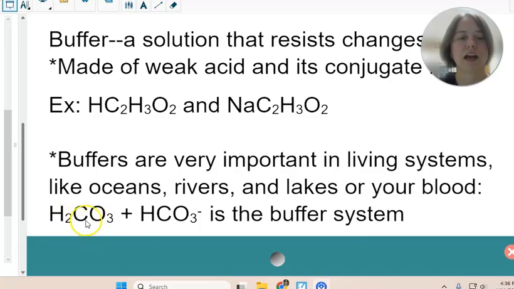So this is carbonic acid. It can donate hydrogens, and then this is fun because it could donate a hydrogen if it needed to, or it could accept a hydrogen.